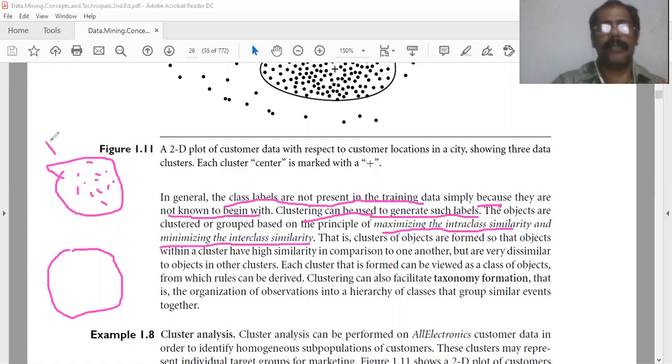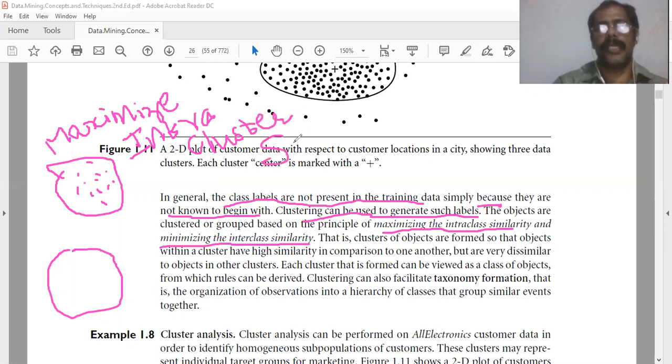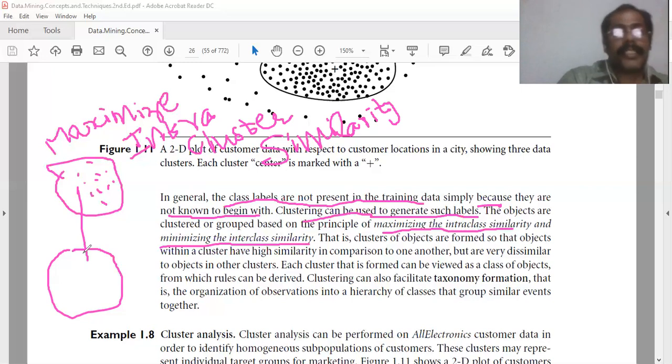So, maximize intra-cluster similarity, and minimize inter-cluster similarity.